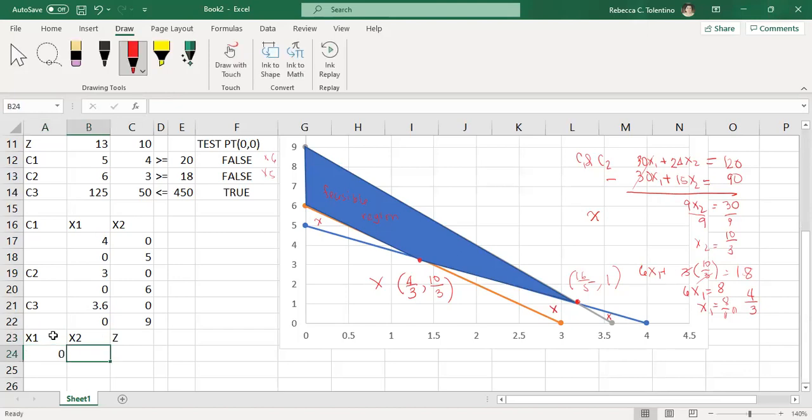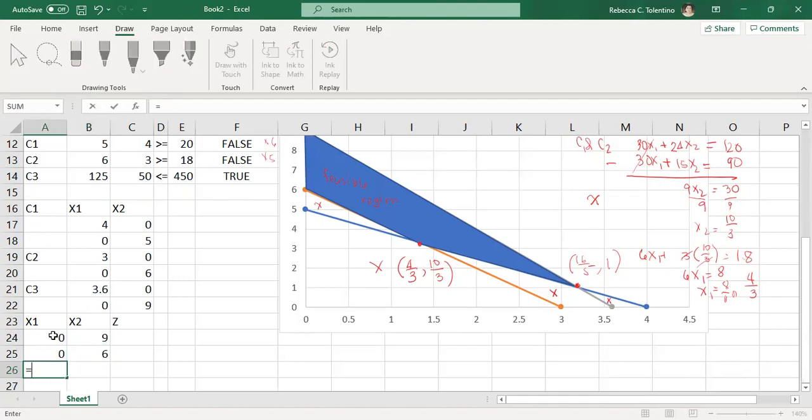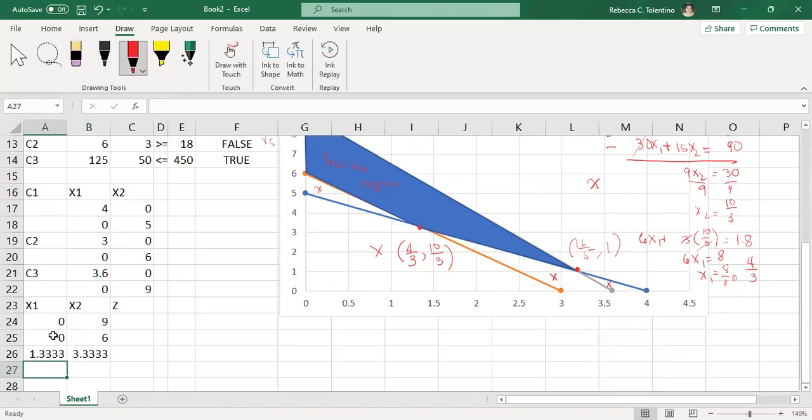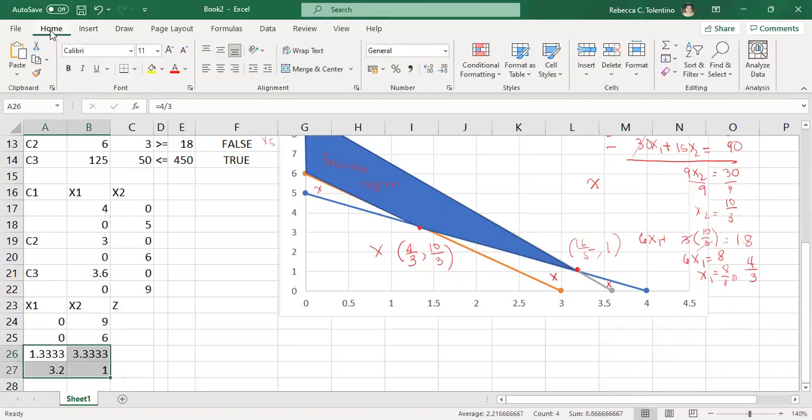We have, first we have 0, 9, and then we have 0, 6, and then we have 4 over 3, 10 over 3. Okay, and then we have 16 over 5, 1. These are the vertices. If you want to express that in fraction, okay lang naman.